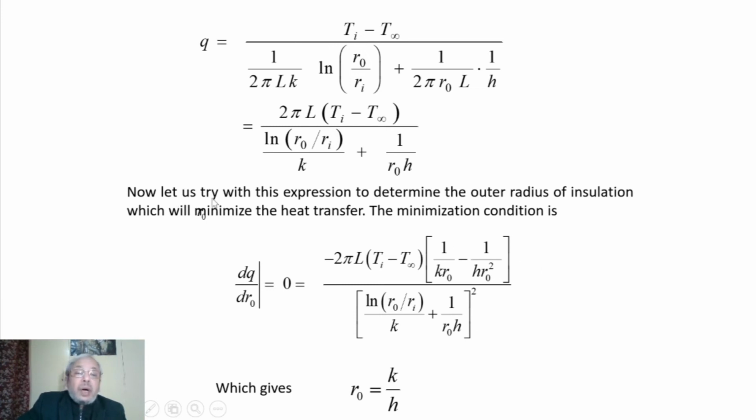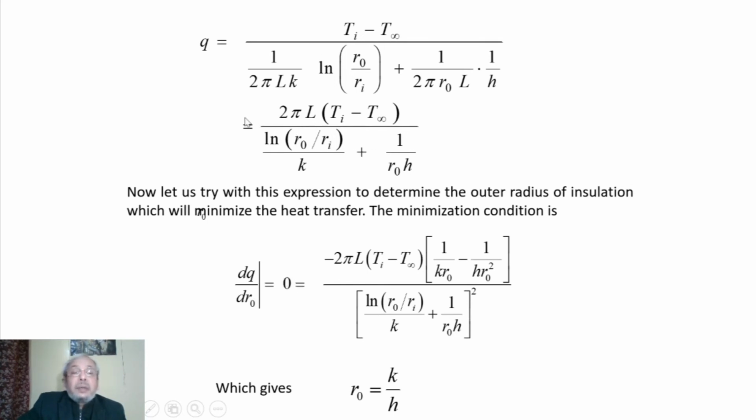So now let us try with this expression to determine the outer radius of insulation which will minimize the heat transfer. For the minimization condition, dq/dR0 equals 0.